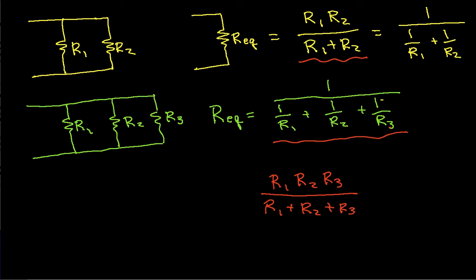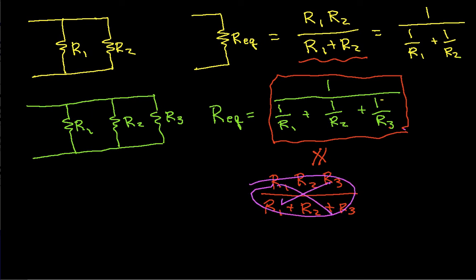And while it looks like that should work, it turns out that it's absolutely wrong. So this is not equal to. There is an expression that you can get, but it turns out to be actually more complicated than just using this 1 over R1 plus 1 over R2 plus 1 over R3 expression. So if you're tempted to do this, don't. Stop now. Forget it. Don't even try it.